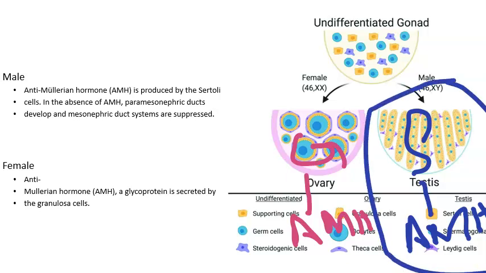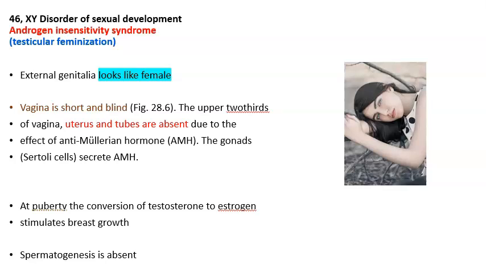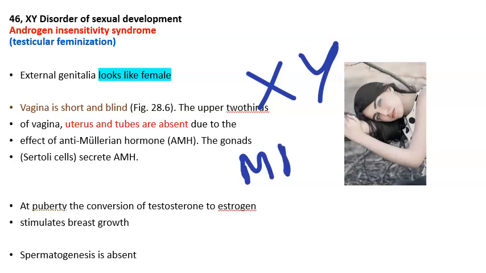Okay. Now look at this. This person looks like a female. Why? I'll tell you. This person is actually XY. That is a male. This person has male reproductive organs inside.